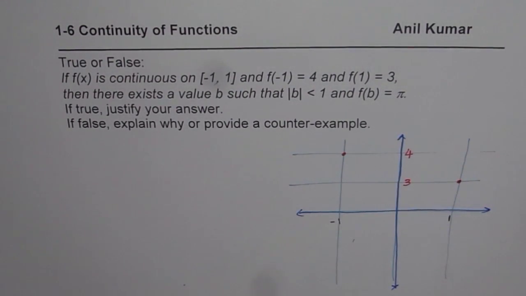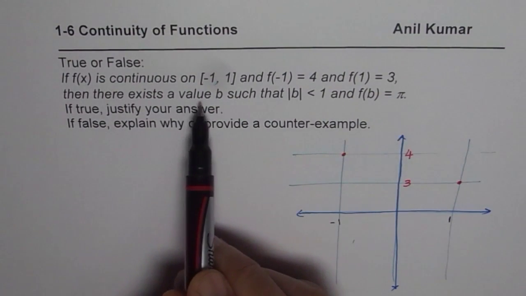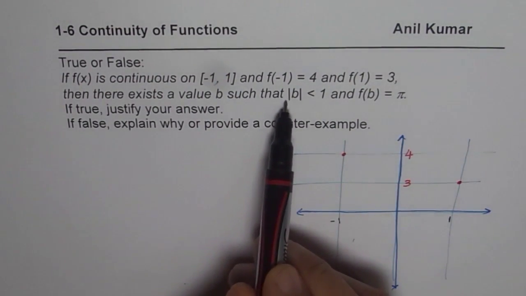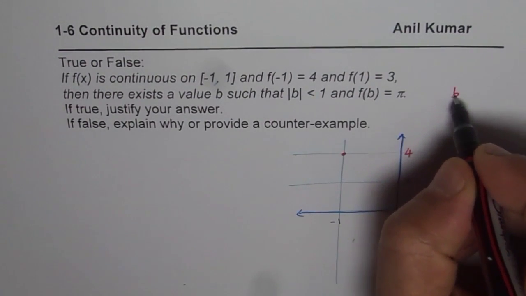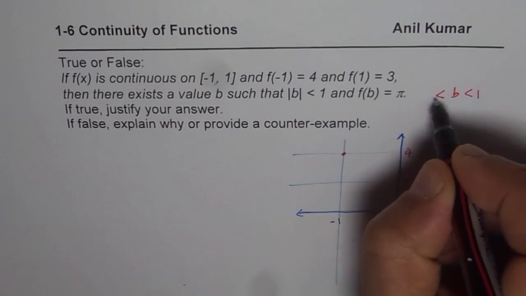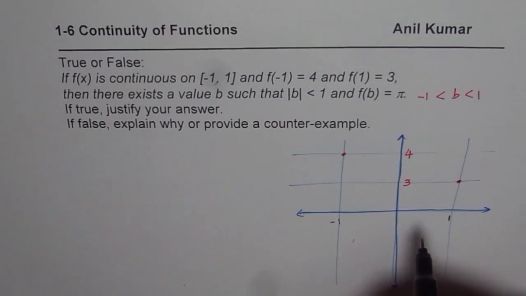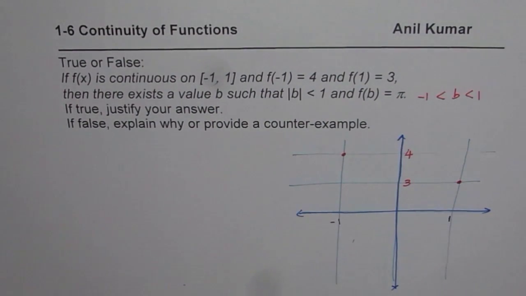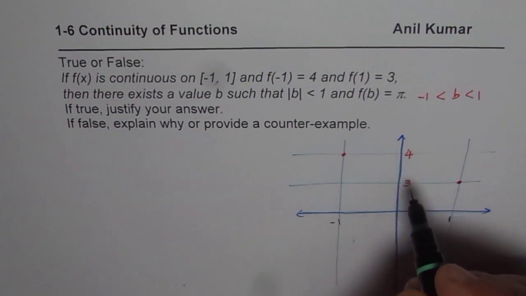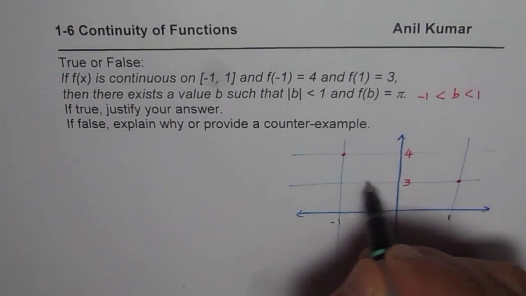Now, then there exists a value b such that the absolute value of b is less than 1. That really means that b is less than 1 but greater than minus 1, so b is anywhere in between minus 1 and plus 1. And f of b is pi. Now what is pi? Pi is 3.14. So there exists a point b where f of b is pi, which is slightly more than 3.